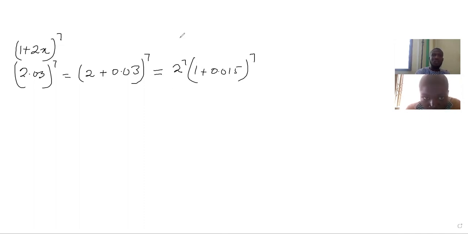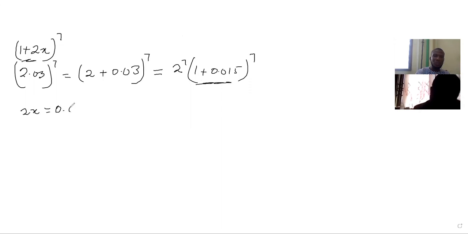So when we compare the inside one with this, it means that our 2x will be equal to 0.015. And our x becomes what? 0.0075.